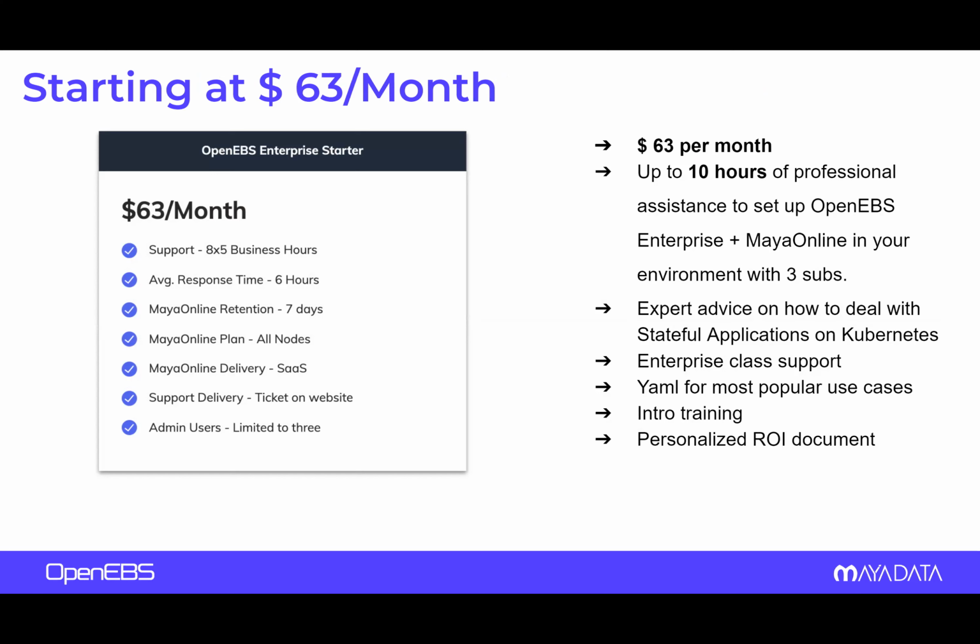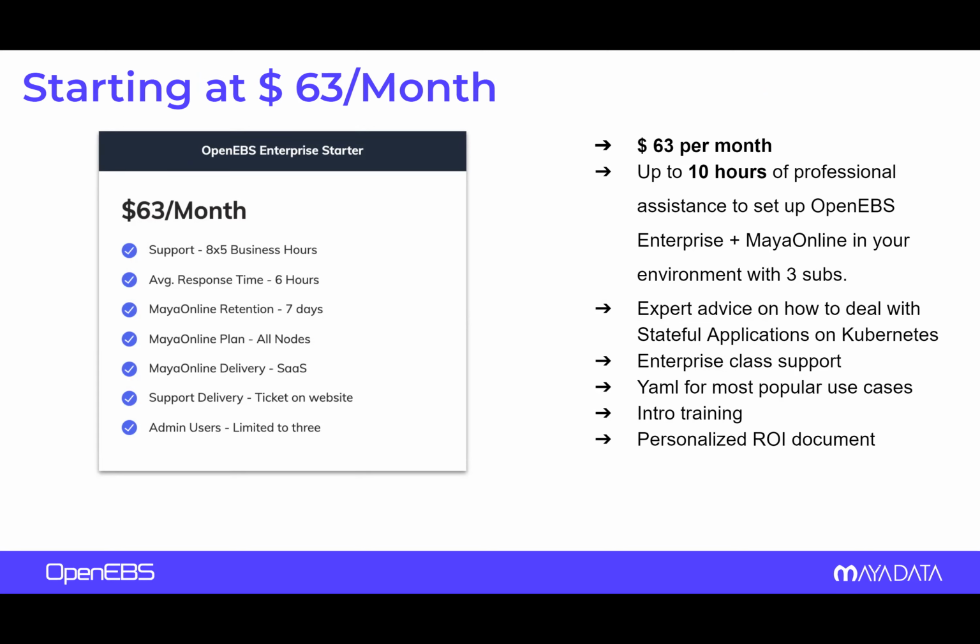How to get started? Well, there is the starter pack, which starts at $63 for a kit of up to 16 cores allocated to OpenEBS, and with the purchase of 3 of those subscriptions, you get up to 10 hours of our time to help you set up your Kubernetes environment properly and make sure that you are successful deploying your stateful applications on Kubernetes.